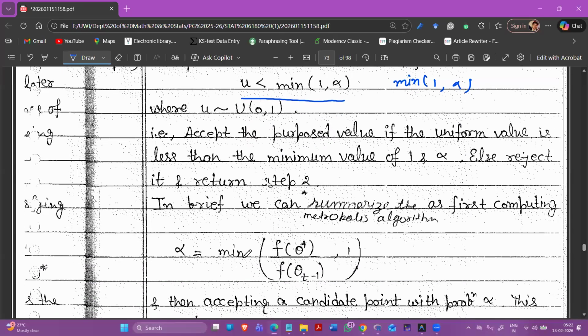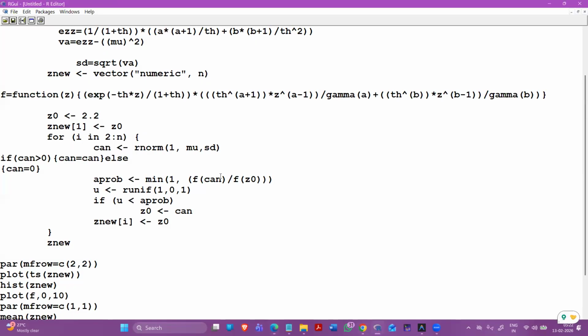That is the minimum of f theta star divided by f theta minus 1. That means what I am going to do here: the first value I generate from the normal distribution, can, divided by my initial value. After that I will generate one value from the uniform distribution and compare both of them. U should be less than or equal to the probability.